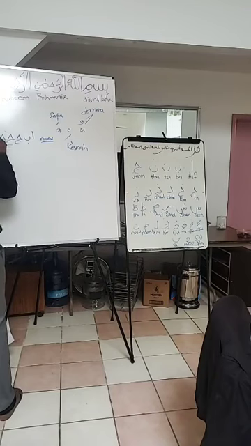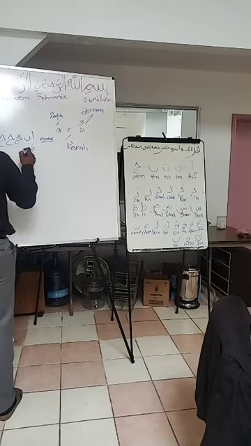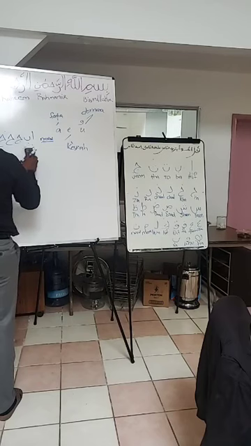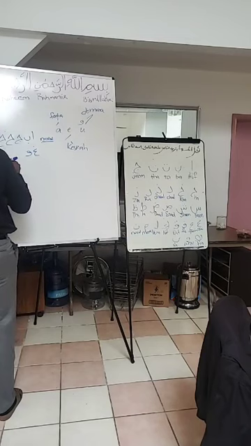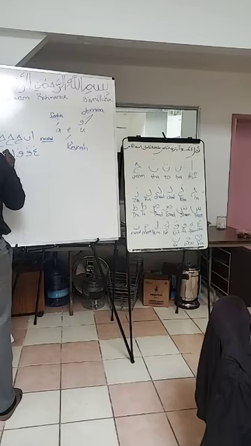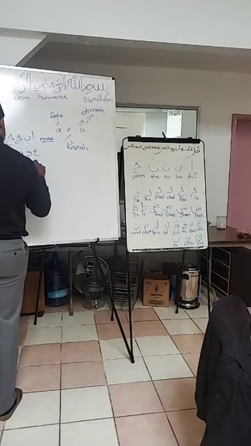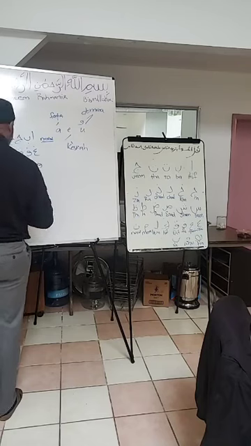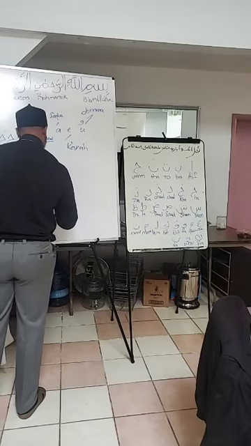Kha, Ain, Ghain, Qaf, Kaf, Meem, Haa, Waw, and Ya. So those are the moon letters, and then these are the sun letters.